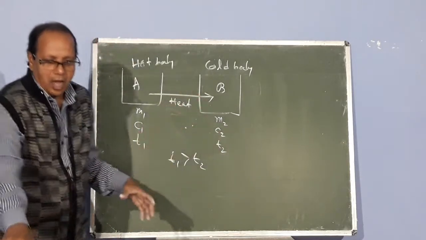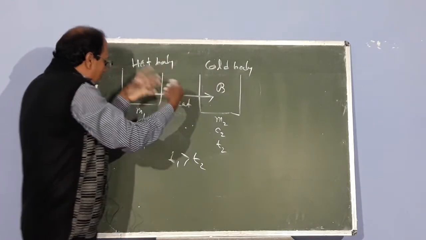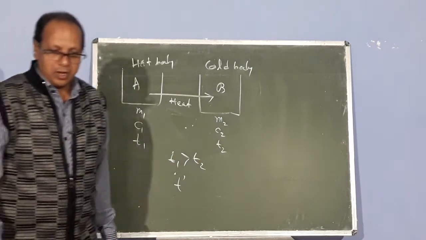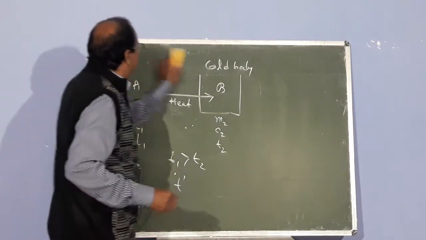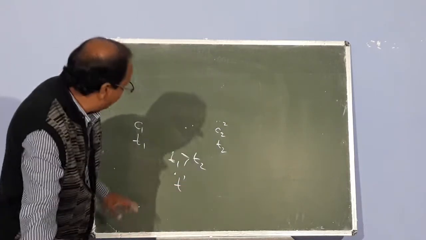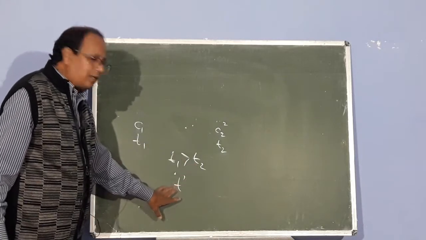Let's think that after the hot body and cold body are mixed, the final temperature is T. Again, T1 is higher than T2 and the final temperature is T.